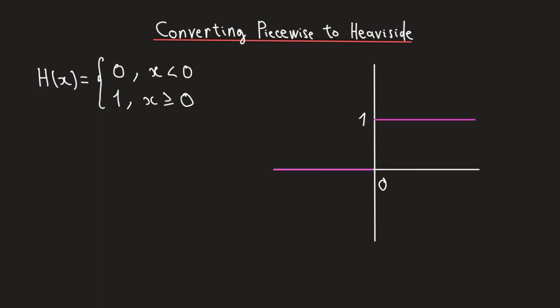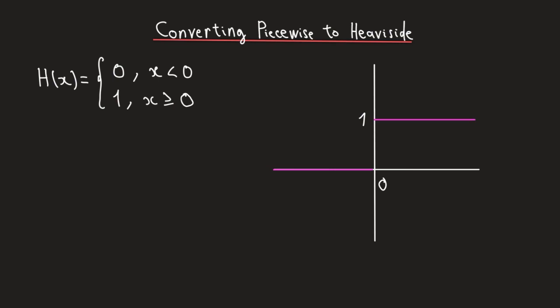And so I've drawn out the graph of our Heaviside function. And what we notice is that there's a discontinuity at x equal to 0. In other words, there's a sort of jump at x equal to 0. And what's important to remember is that at x equals 0, our Heaviside function is actually defined. So h of 0 is equal to 1.